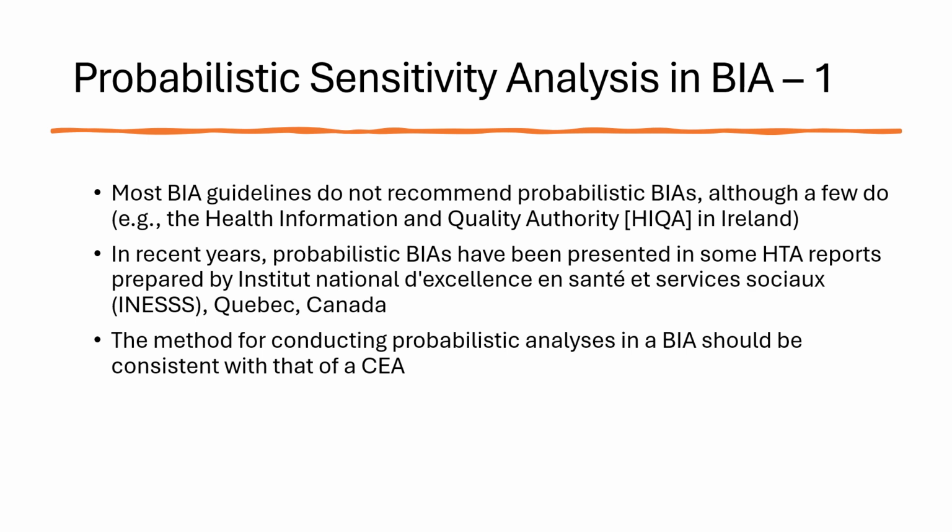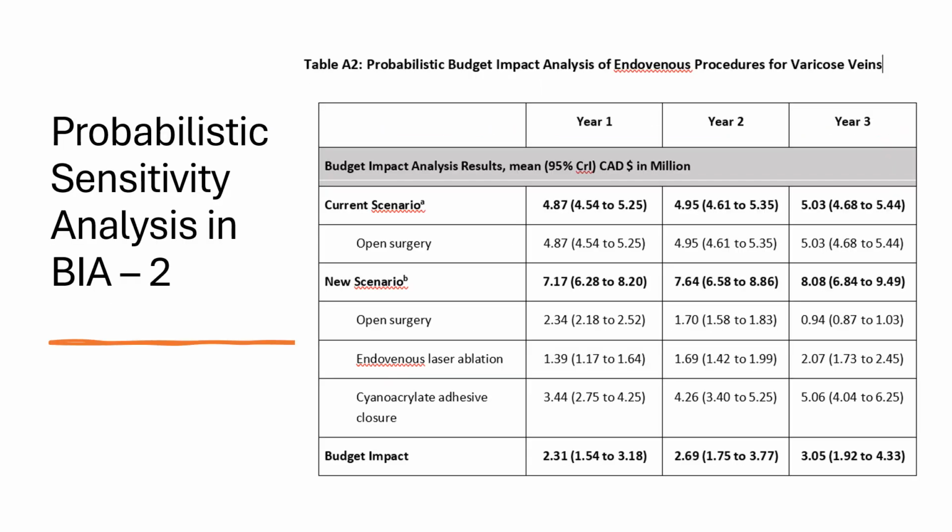Presently, most BIA guidelines do not recommend probabilistic BIA, and methods of BIA have not been well discussed. In the appendix of our article, we provided some method recommendations. We use a working example to illustrate how to present the probabilistic BIA results.